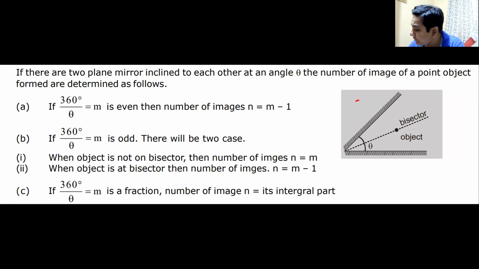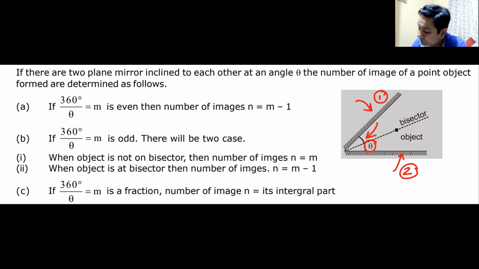As you can see, there are two plane mirrors here, 1 and 2. Do you see this? Yes or no? Now these two are inclined at an angle of theta. Do we see this? Depending on how much this theta is, you can have a different number of images.